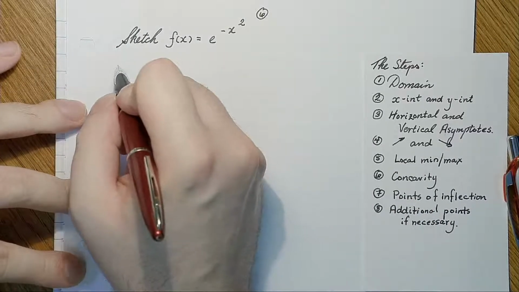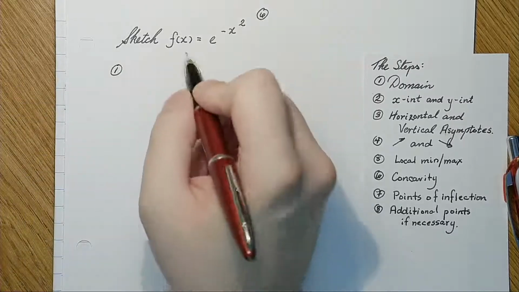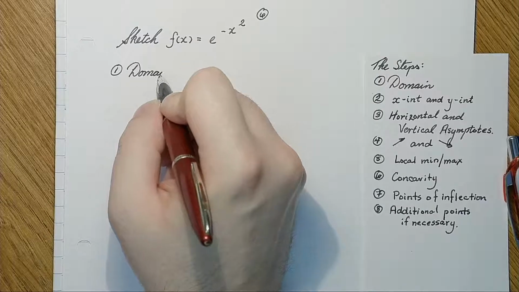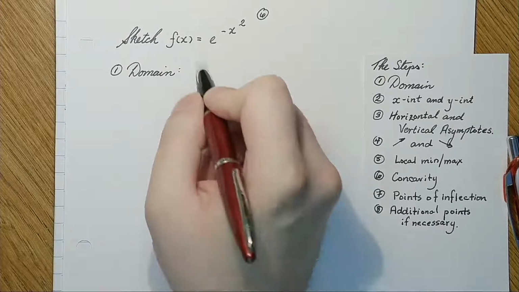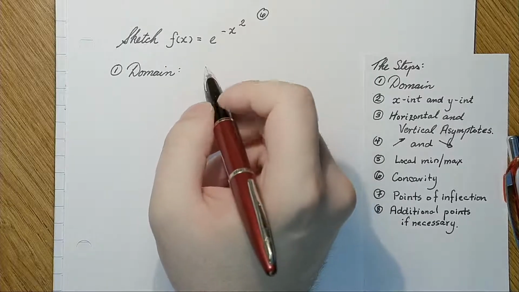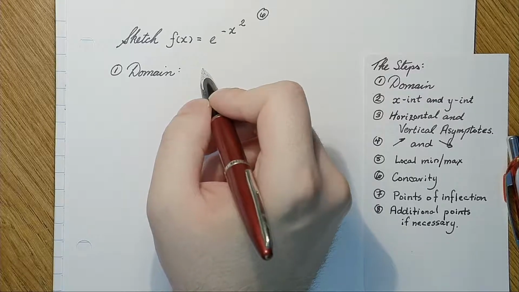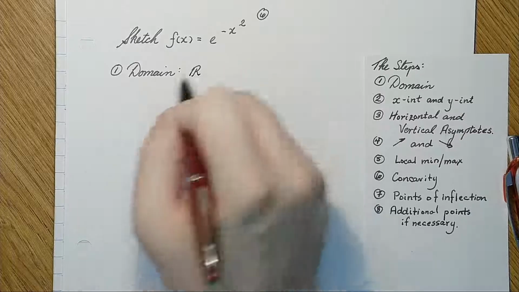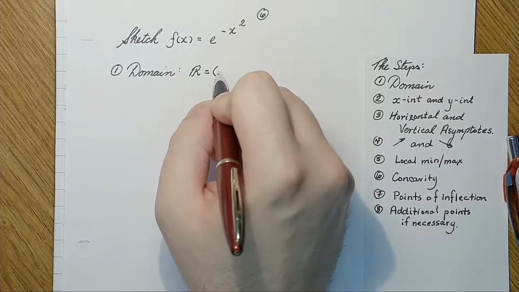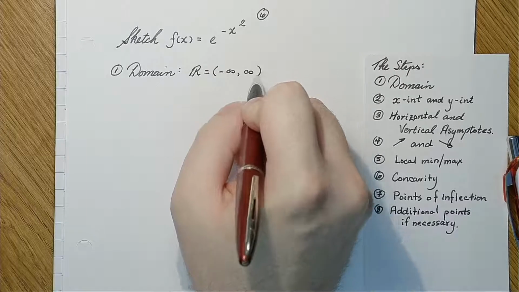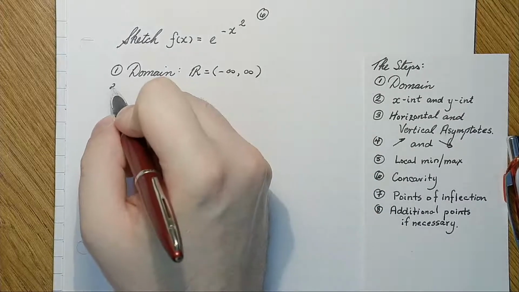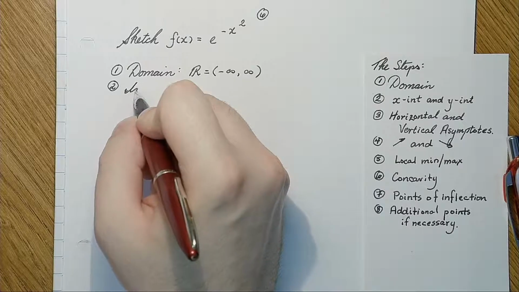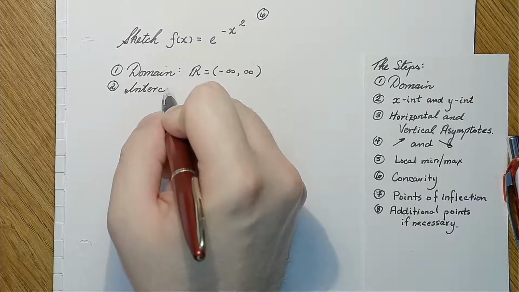So the domain for this function, well, it's an exponential function, so it still has the same domain as everything else. It'll be over the entire real line. What else do we have? We have the intercepts.